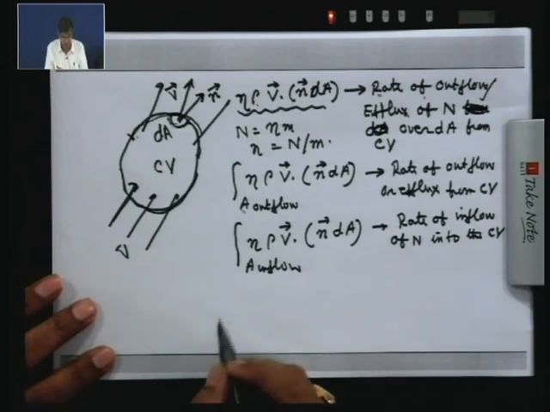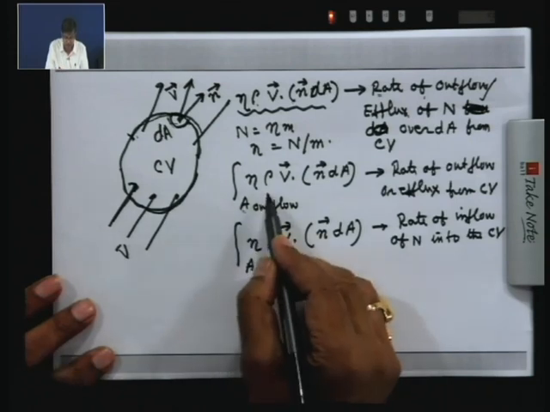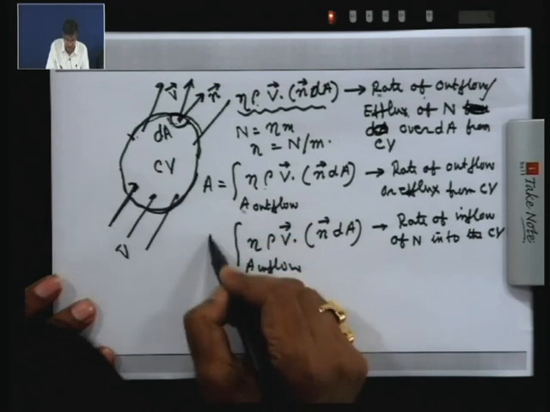Now the question comes: how do you know the outflow area and inflow area? Doesn't matter. Let this be A, this be B.